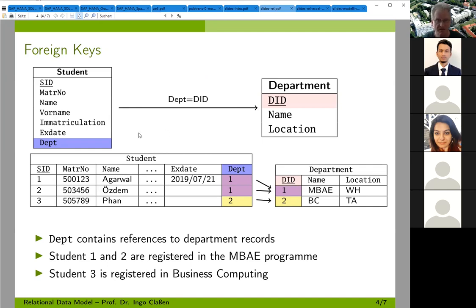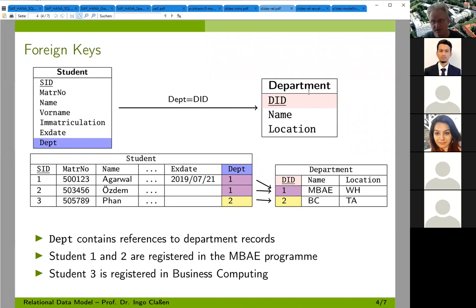In an Excel sheet, usually you would combine that information. You would have one student table, and you would put in the name of the department and the name of the department location in the same Excel sheet. But this is, and we will discuss that later on, problematic from a data integrity point of view, and within relational data models that should definitely be avoided.